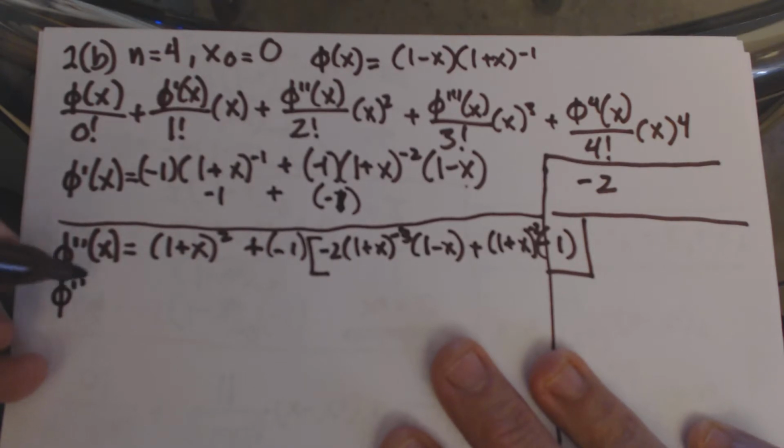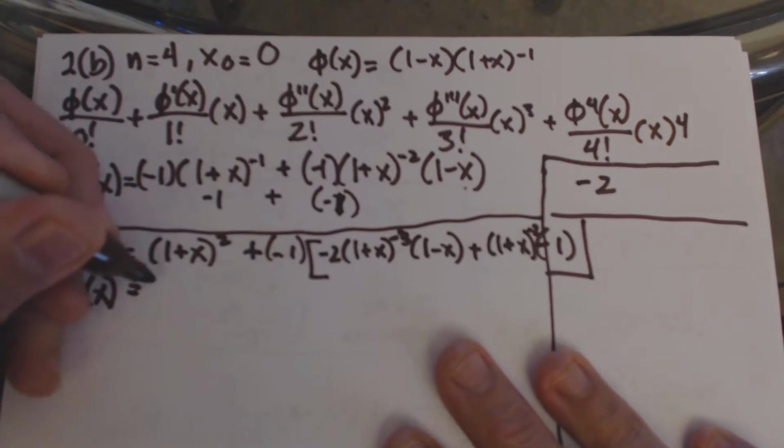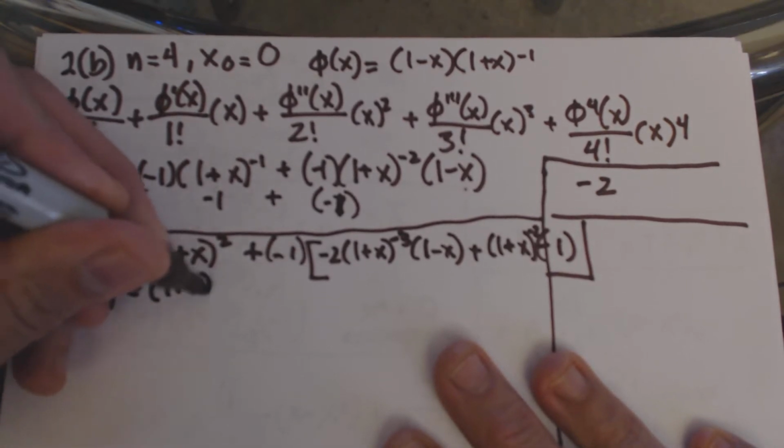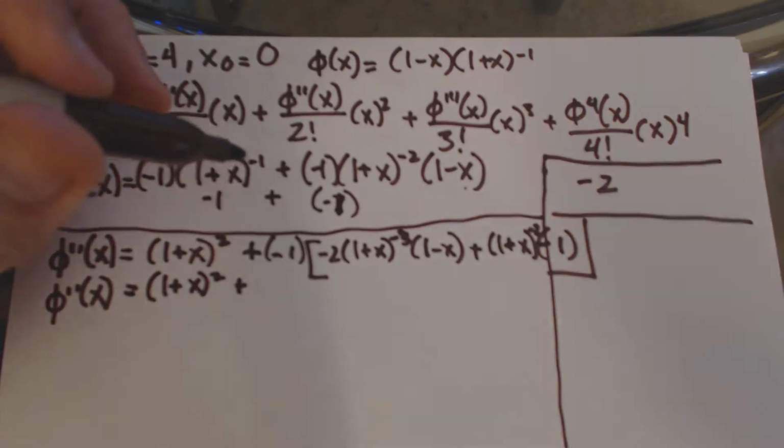So what we have here is 1 plus x squared. I'll write it clearly so that we then can use it to take the third derivative easily.